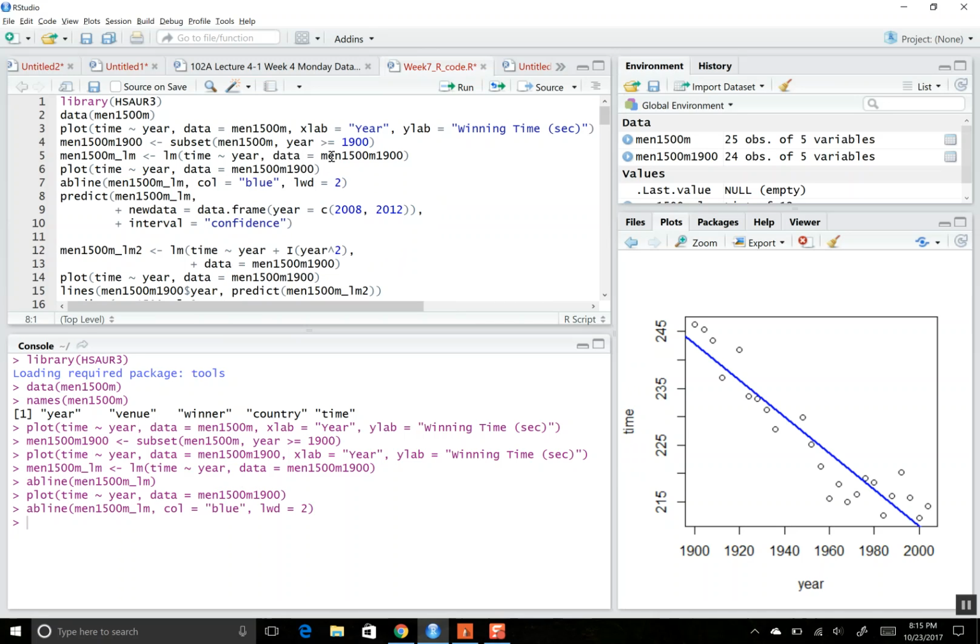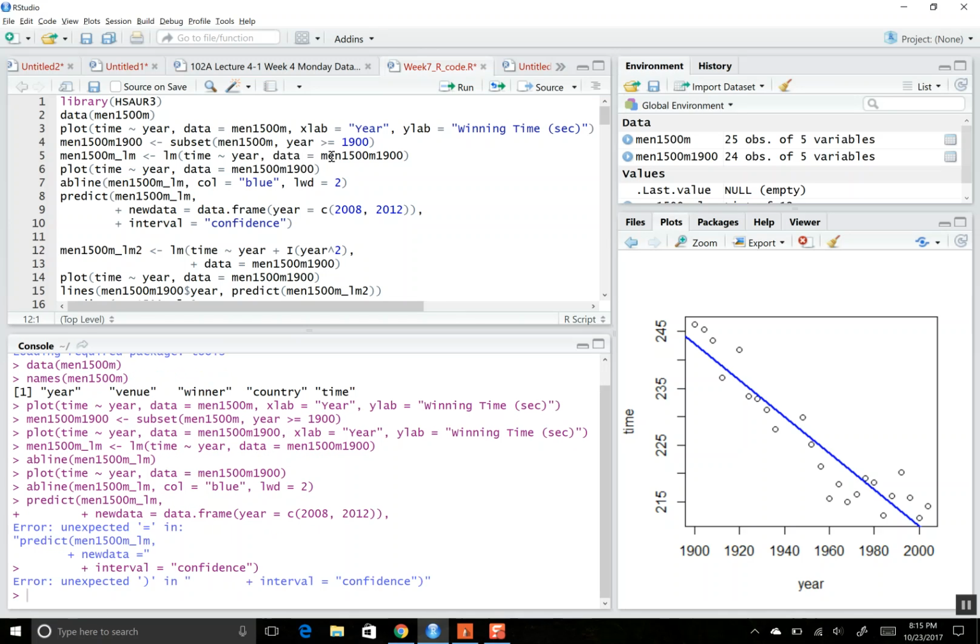This is just fitting a linear model, and then we can see what the predicted times are for 2008 and 2012. We would just take our linear model and throw in prediction. Oops, did that not work?